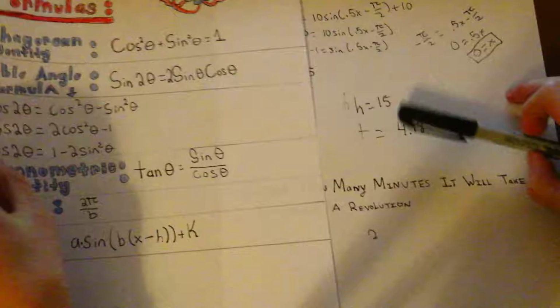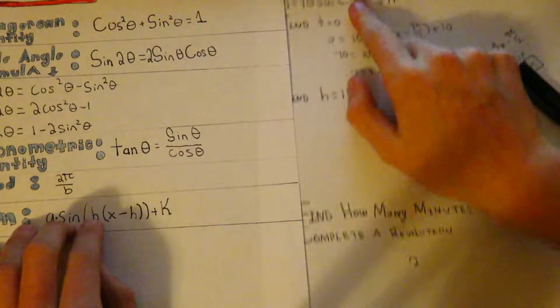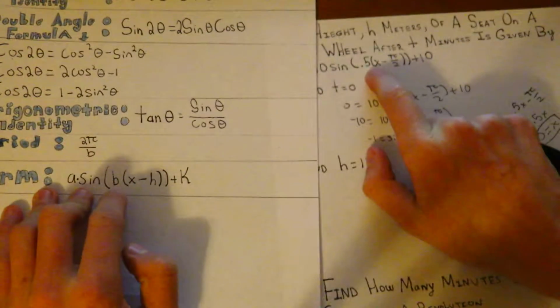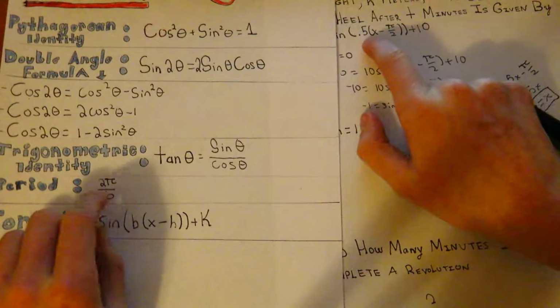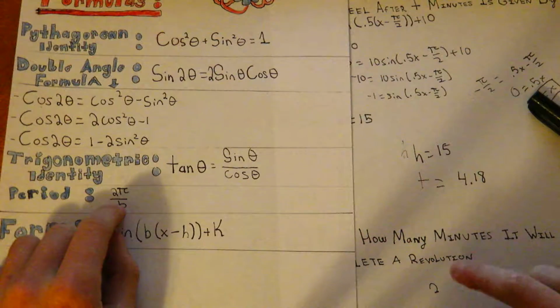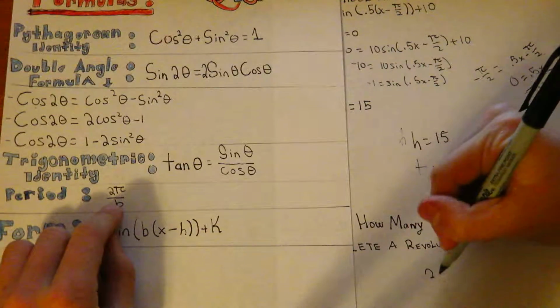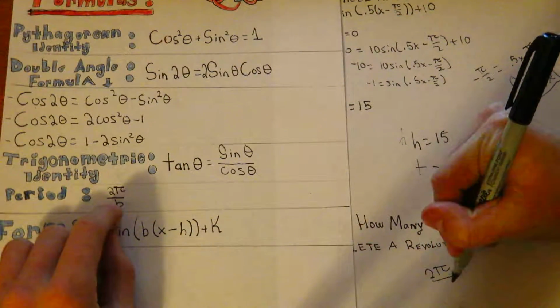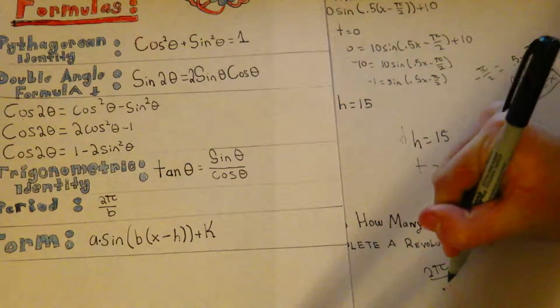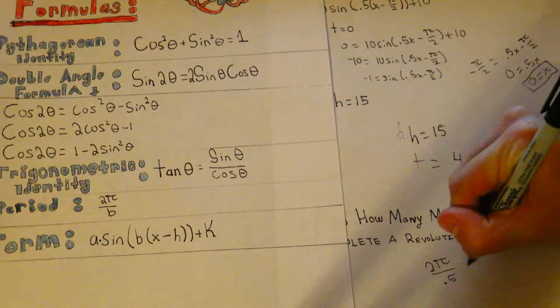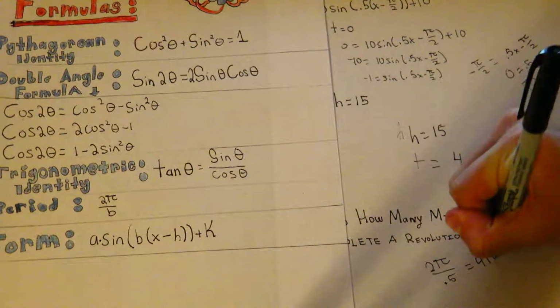We can see that the 0.5 is your b value, and to find the period, you put 2 pi under b, and that is just equal to 4 pi.